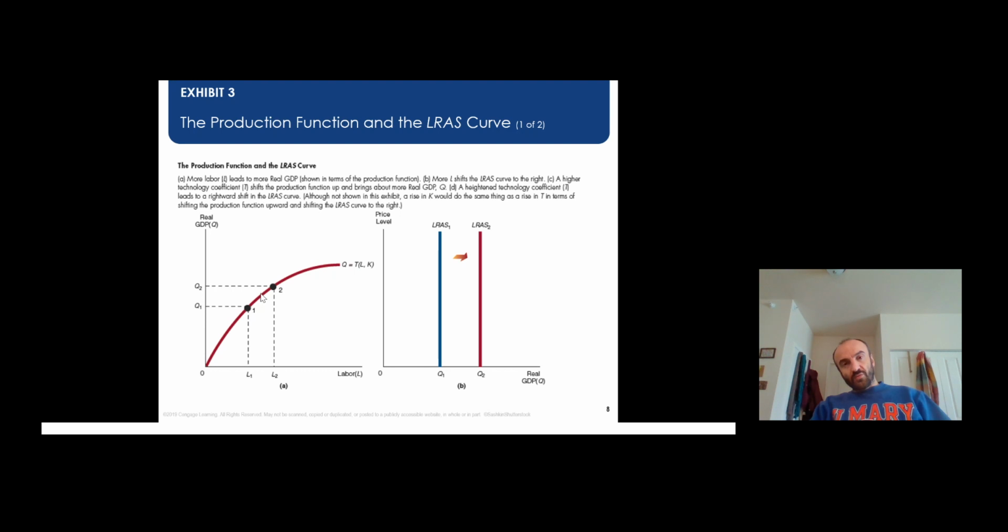So if there is real availability of factors of production, whatever happens, more labor, more capital, and so on, if production increases, if we move alongside this production function curve from left to the right, for example, from point 1 to point 2, this long run aggregate supply curve, the maximum quantity of goods and services that could be produced with 100% use of our resources, will shift from left to the right.